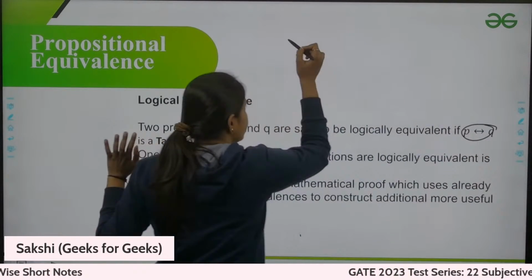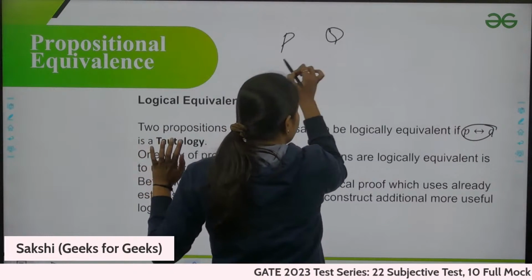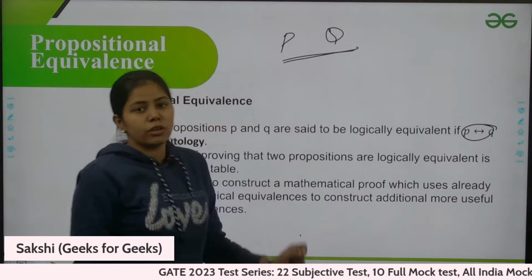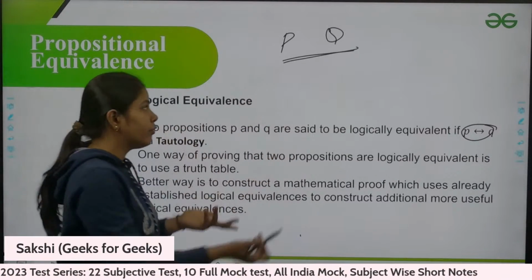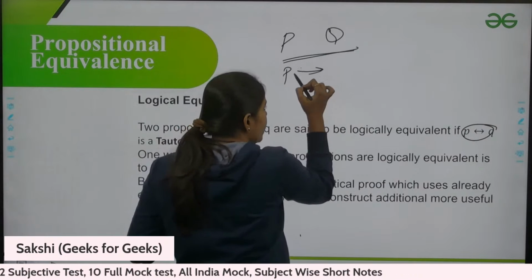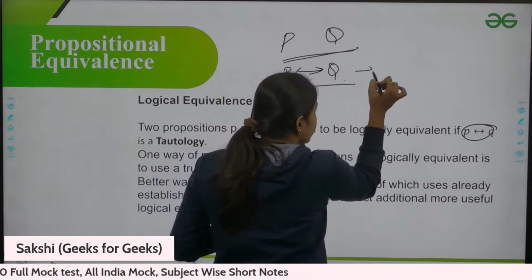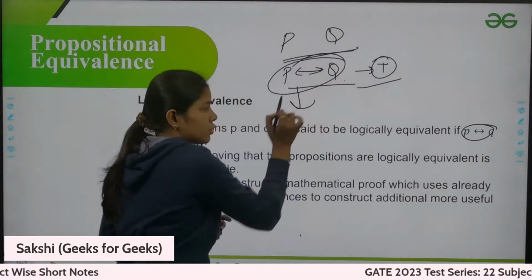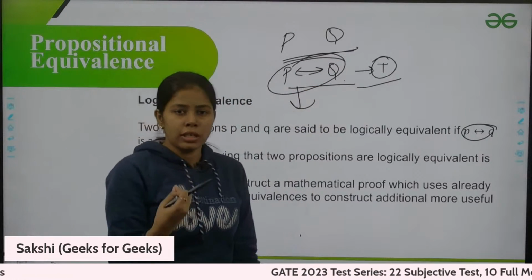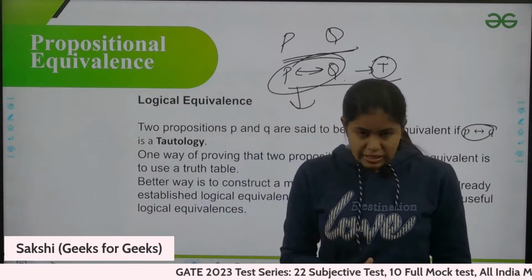Let's suppose P and Q are propositionally equivalent. That means they have the same truth value. If they have the same truth value at every point, then this will be true in every case, and if it is true, then it will become a tautology. This is a definition in a different way. So I hope it is clear.